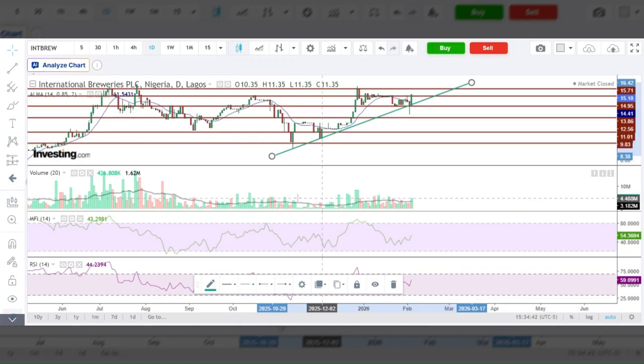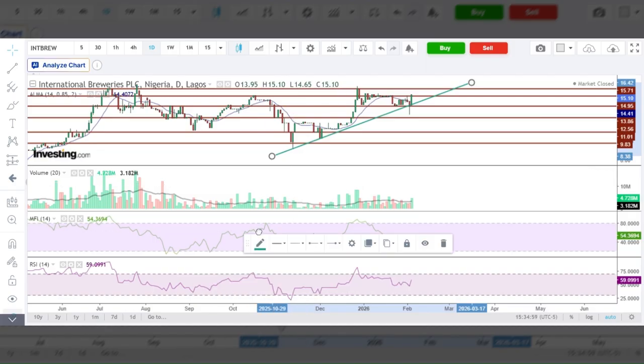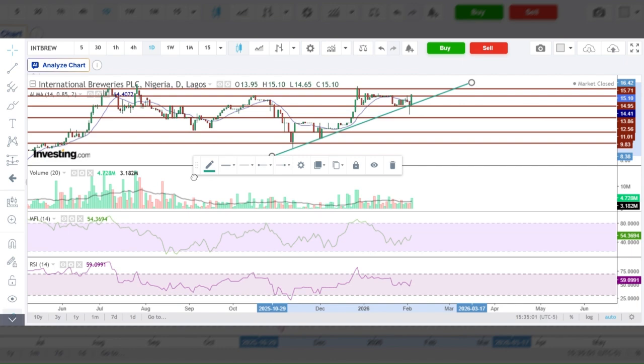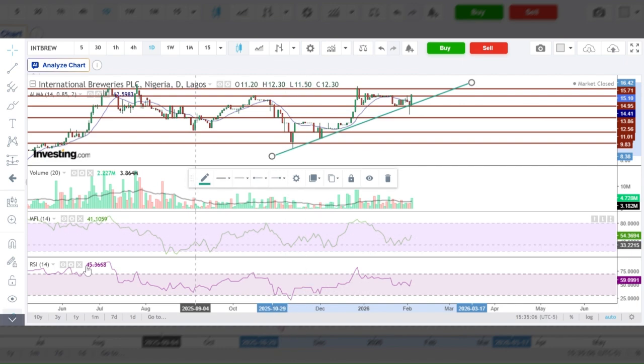Okay, and also volume indicated that there is buying agitation, agitation from buyers to push the market up. And also RSI and money flow also agreed to this.